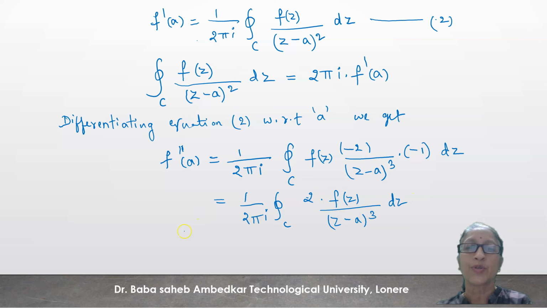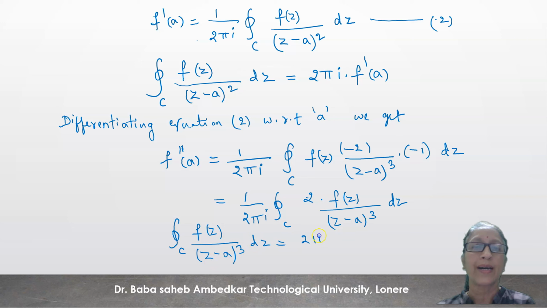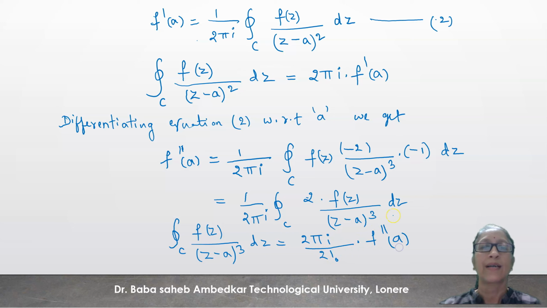So if you transpose this to that side, then you get contour integration of f(z) by (z minus a) whole cube dz equal to 2 pi i upon 2 factorial into f double dash of a.